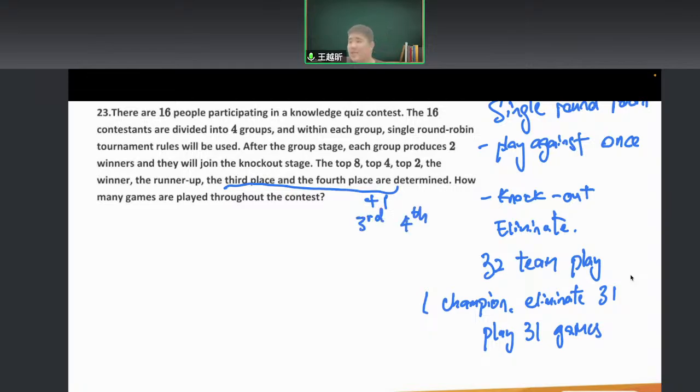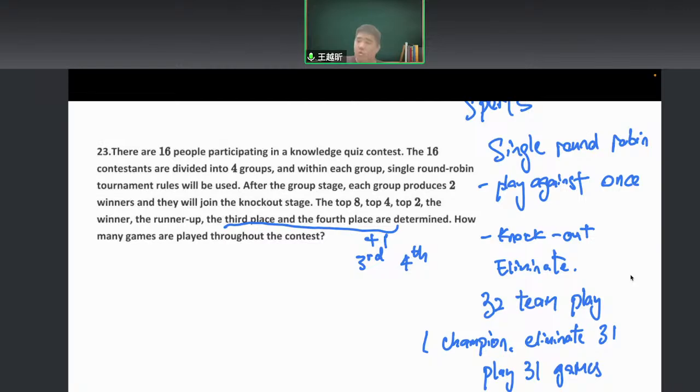So let's calculate how many games in total here. In this question, we got 16 participants, divided into 4 groups. So that means four people in one group. Then they play single round robin, that means 6 games will be played in one group. And we have 4 groups, so that's 6 times 4.